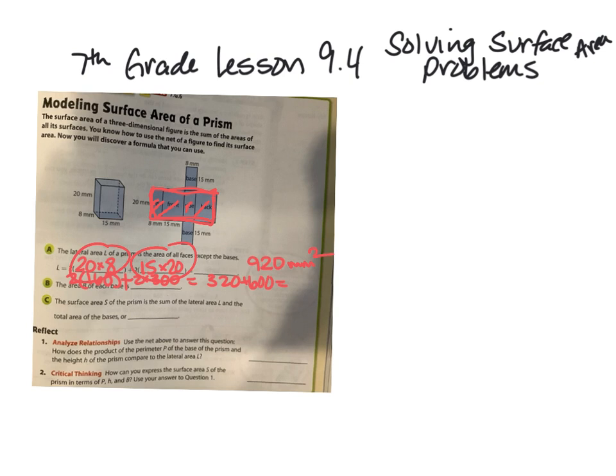Then they say, okay, now take care of your two bases. You've got two bases, this one and this one. So we're doing 2 times the area of the base. The area of the base is 15 times 8, length times width, and 15 times 8 comes out to be 120.